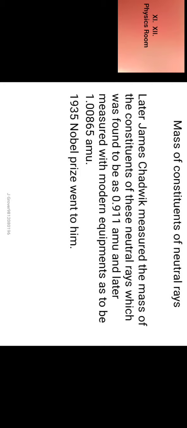Today we have before us the isotopes as well as neutrons. So my purpose of all these topics is to make you understand how important is the scientific method.